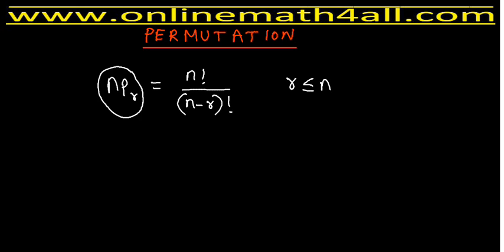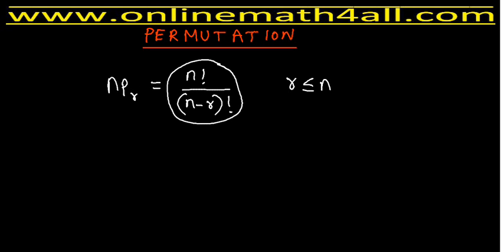This formula will give the answer, because previously we discussed two questions. For the first question we had three digits and formed a three-digit number using the digits 1 2 3, and that calculation we were able to do manually. But in the second question, we had 7 different digits and had to form a 7-digit number.